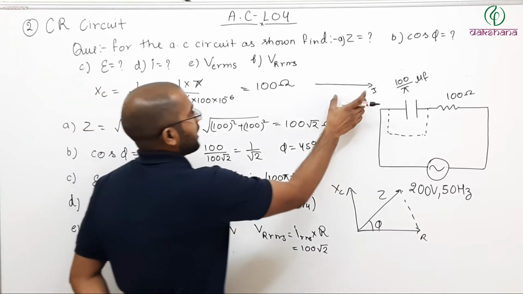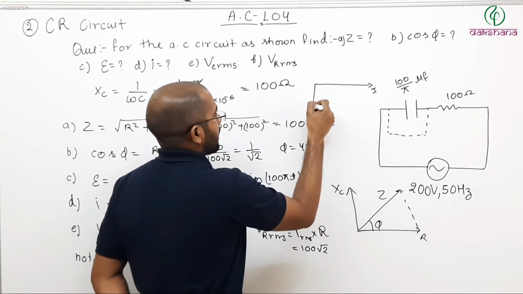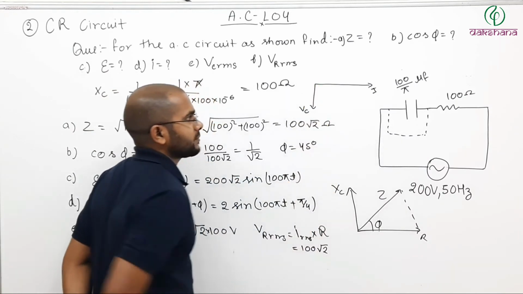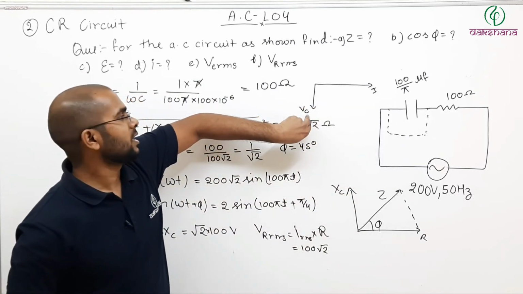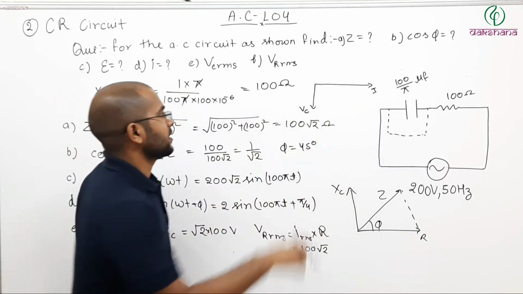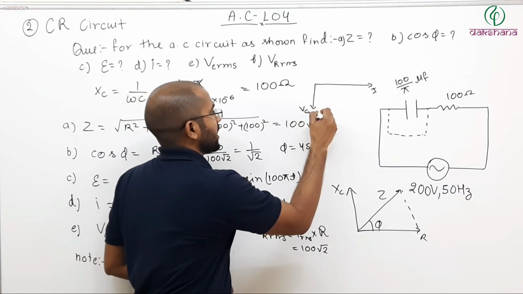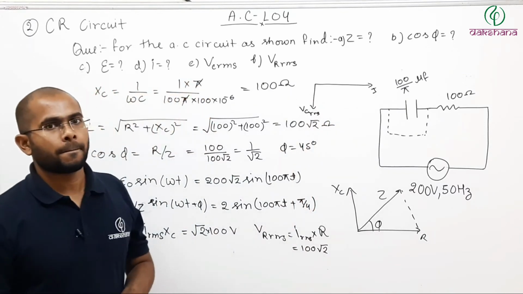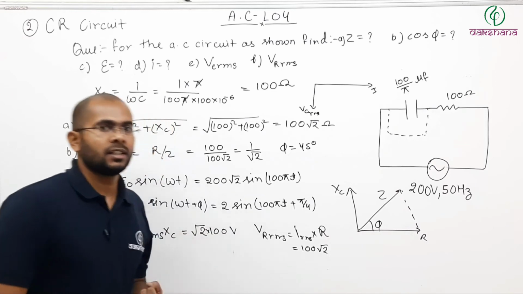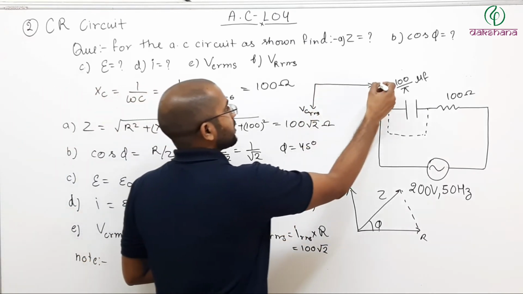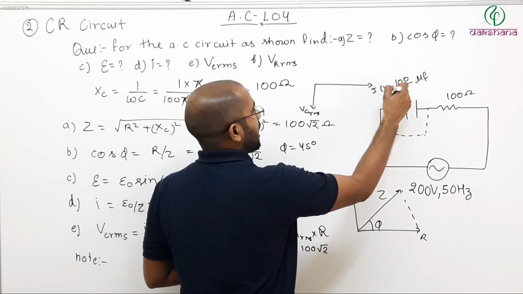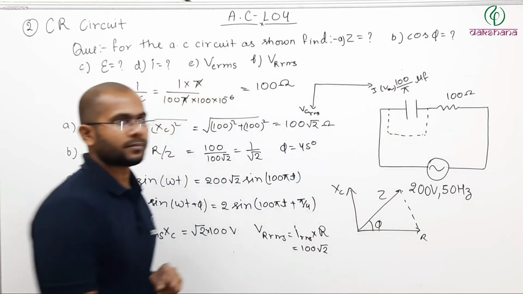So the potential VC RMS would be like this. And in a resistor, current and potential are in the same direction. So this is also the potential VR RMS, same direction.